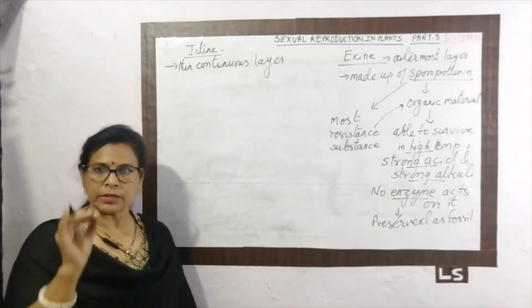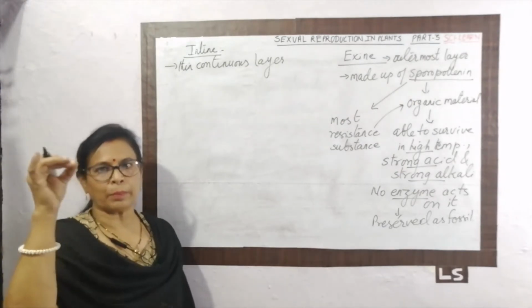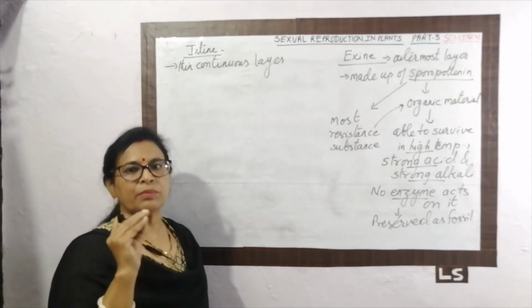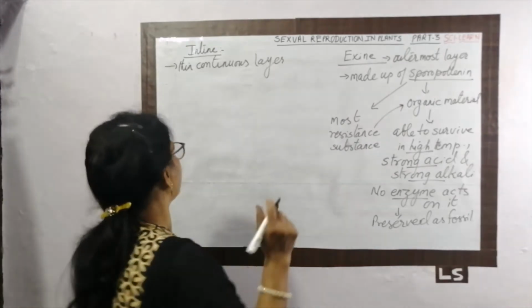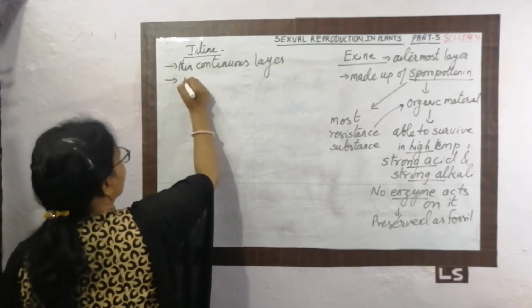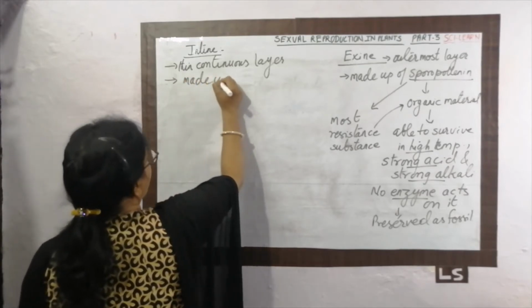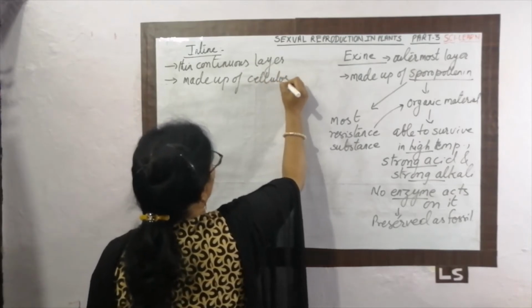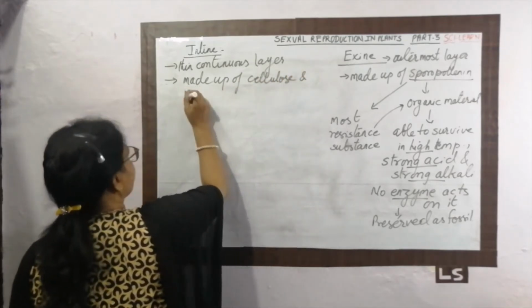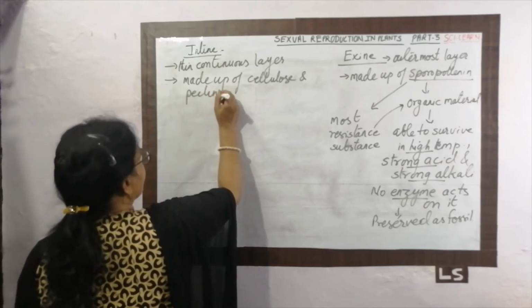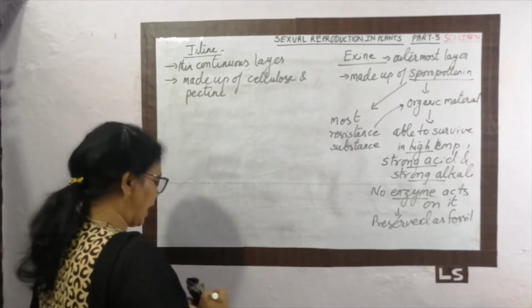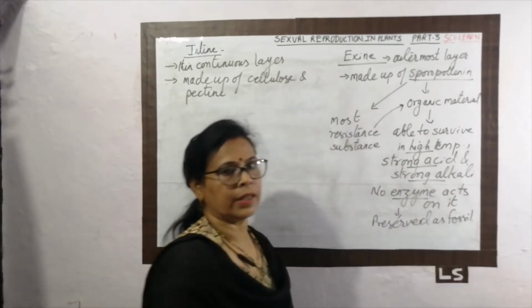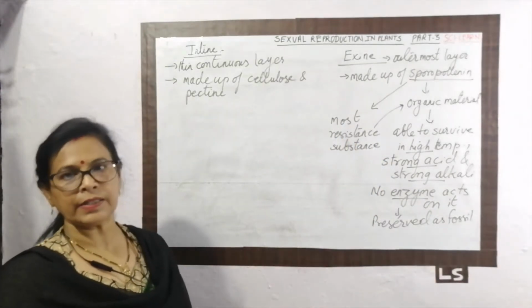Exine is not continuous, some furrows or pores are present in exine, but intine is a continuous layer, made up of cellulose and pectin.